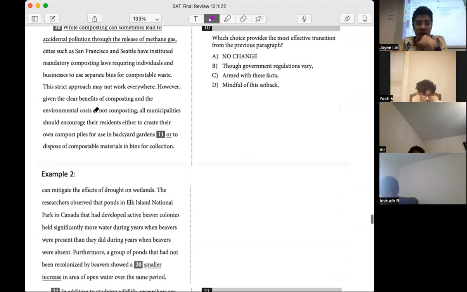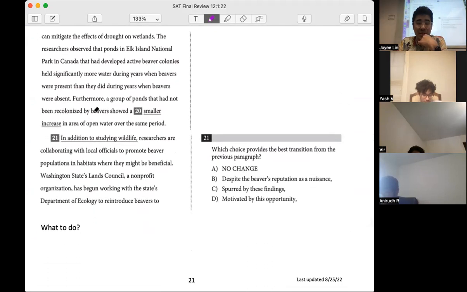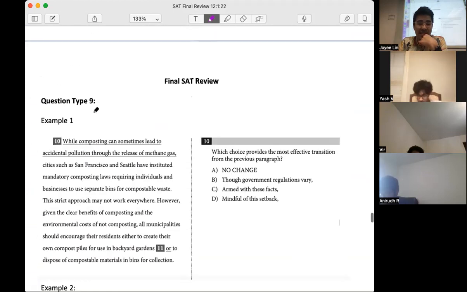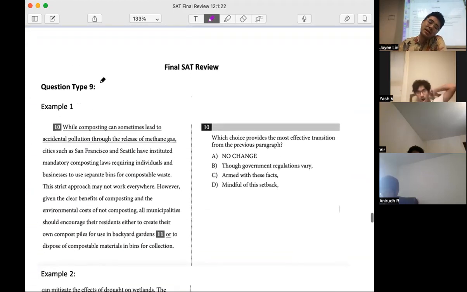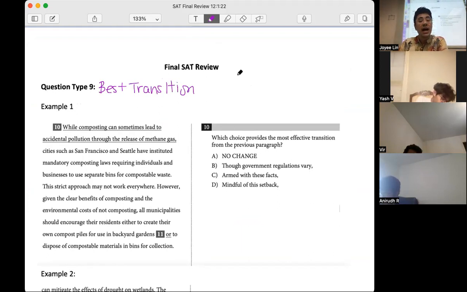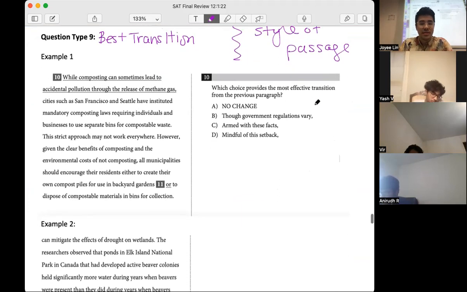Okay, then what is this one? Best transition, right? Best transition. This is another one where you've got to figure out the tone or style of the passage. I double dipped this question last time too.